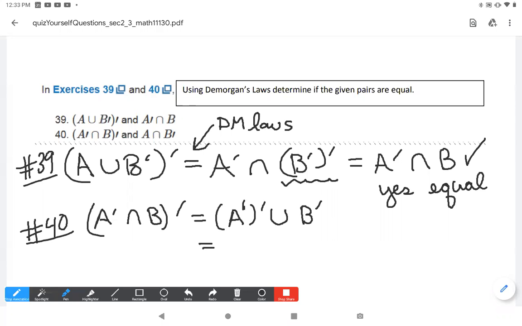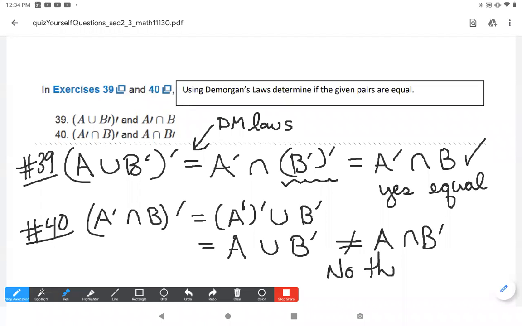The complement of a complement is the set itself. And this is not the second side, right? So no, these are not equal.